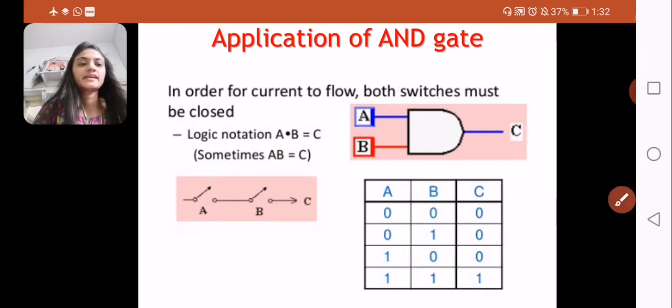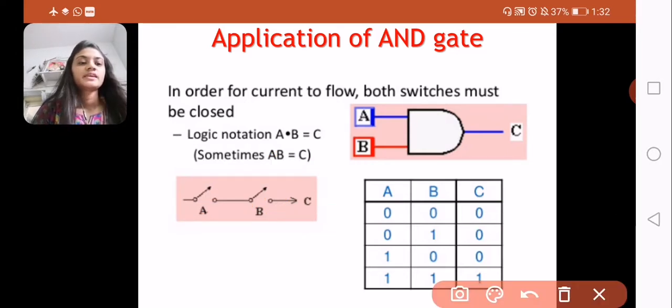Now in the second case, A is 0, that is open, and B is 1, that means closed. Suppose current is coming from here; A is open, so there will be no current, so it will give 0.